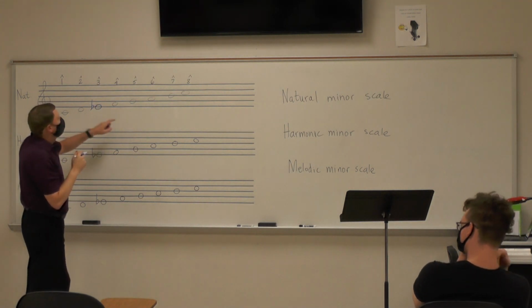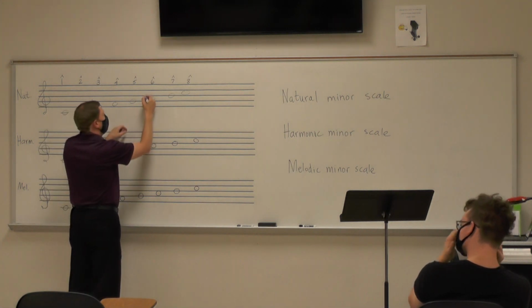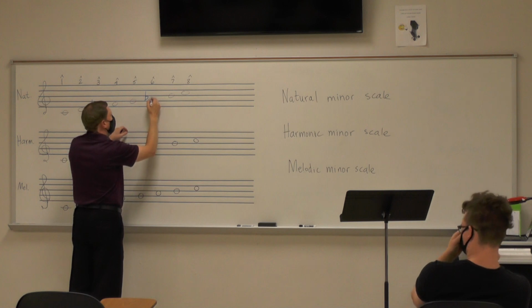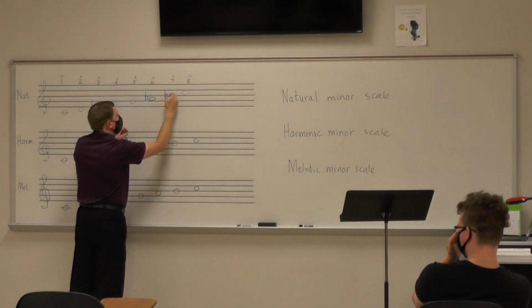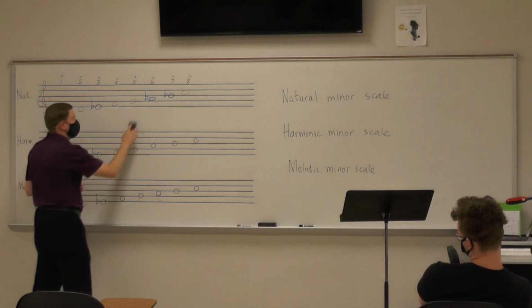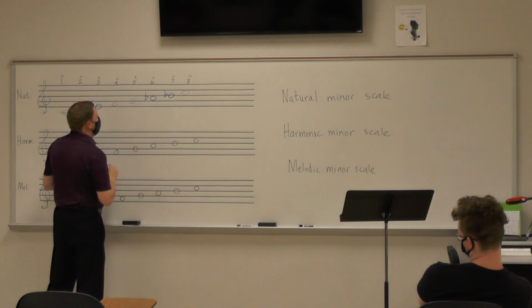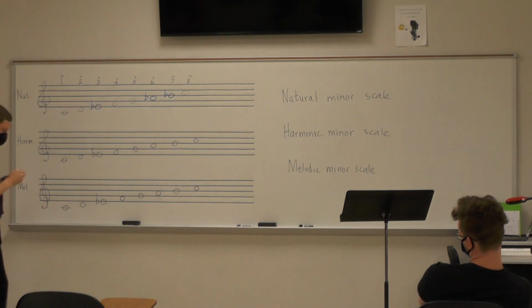Well, to finish the natural minor scale, I have to lower scale degrees 6 and 7 from the major scale a half step. And now this is a correctly notated natural minor scale, starting on C.